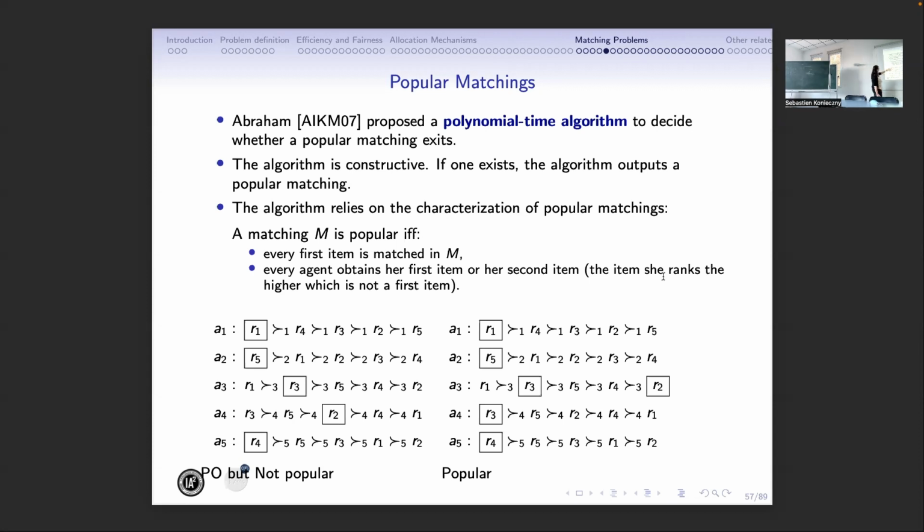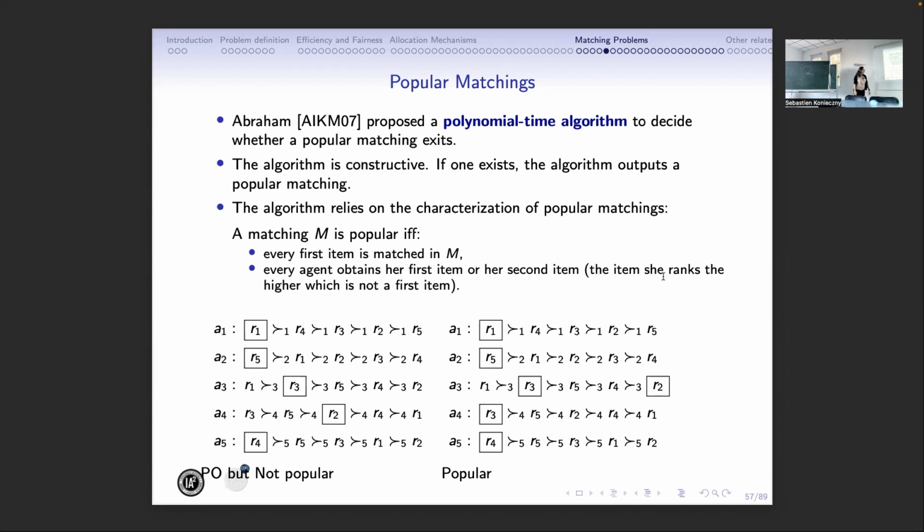So for agent 1, our first item is R1, and our second item cannot be R4 as it is ranked first by agent 5. It cannot be R3 as it is ranked first by agent 4. So it is R2. The first item is R1 and the second is R2.